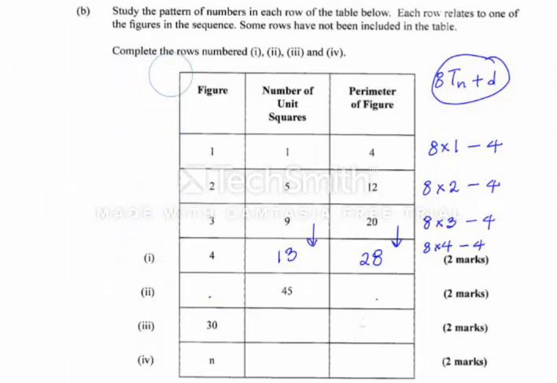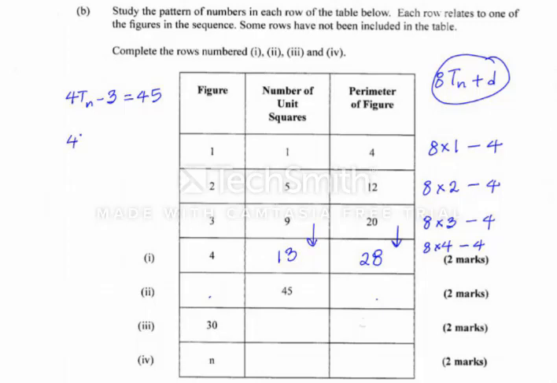Remember, the formula for the middle is 4 times Tn minus 3, and this formula will give you the value in the middle. So if the value in the middle is 45, Tn is the term number. So let's find out what is the term number.